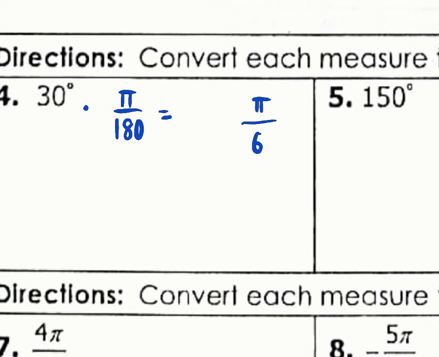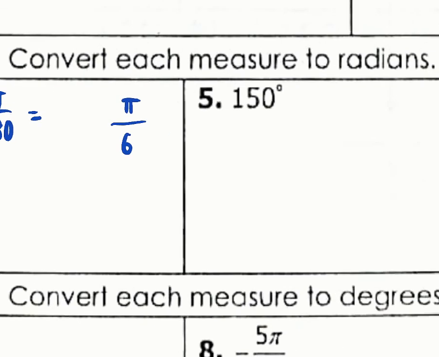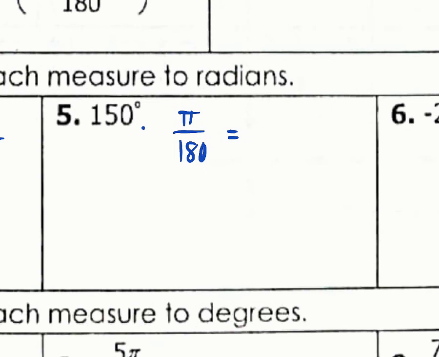Pretty simple, right? So look at number 5. Again, 150 degrees. What do we need to multiply by to change it to radians? Pi over 180. We ignore the pi. That way we leave it in terms of pi.